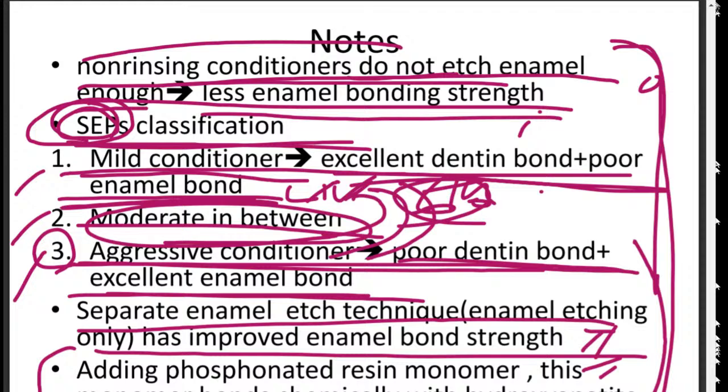This monomer bonds chemically with hydroxyapatite by forming calcium phosphate salts. Again, adding phosphated or phosphonated resin monomer will bond chemically with hydroxyapatite by forming calcium phosphate salt.